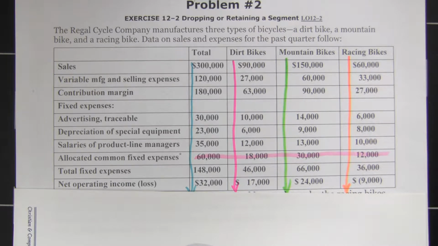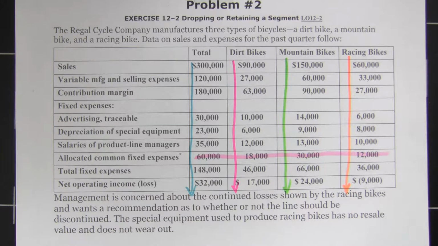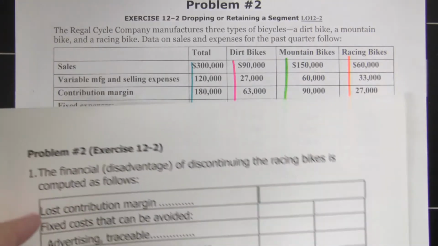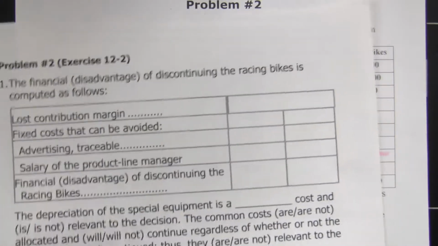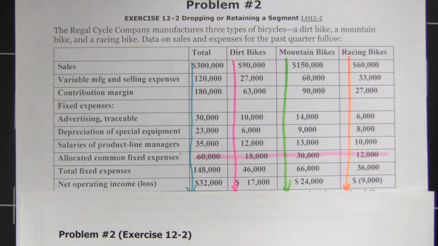That's a common misconception. You will hear it at least once a year or so in every boardroom of every business that has a division that's operating real close to the line. Let's take a minute and take a look at what happens if they give up their racing bike division.